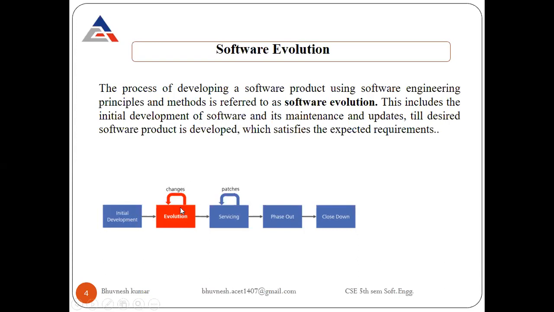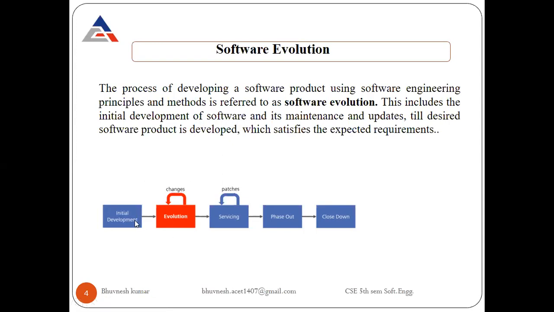Then there is evolution, meaning a change should be made by that organization. WhatsApp made that change, made a payment module and updated that application. In the same way, Android will update a new version and launch that product. The user of that product updates their mobile or uses those services. That is a complete evolution.